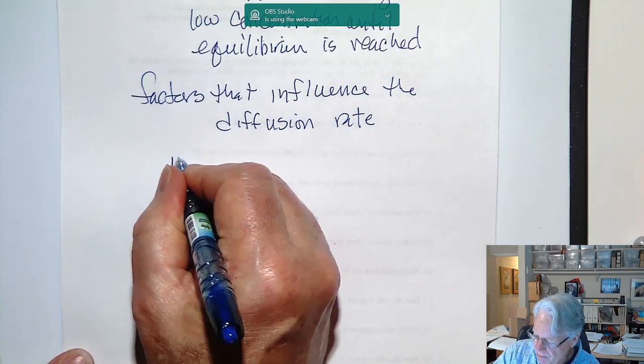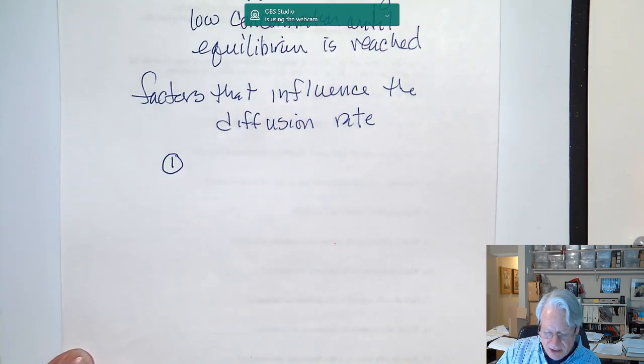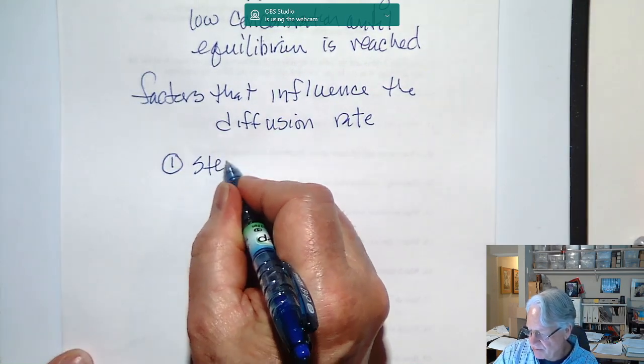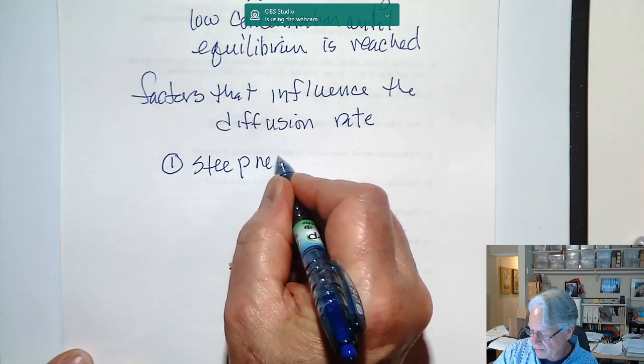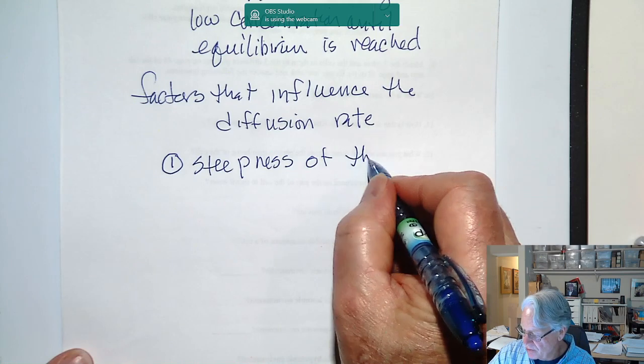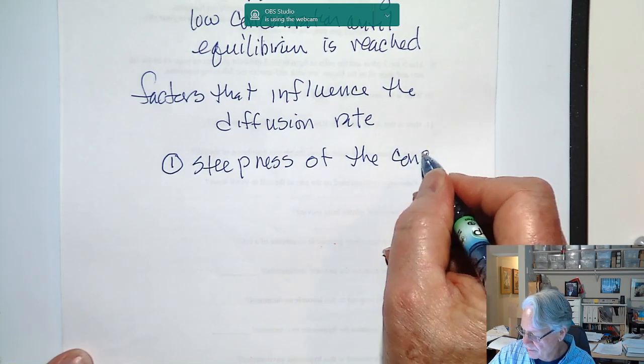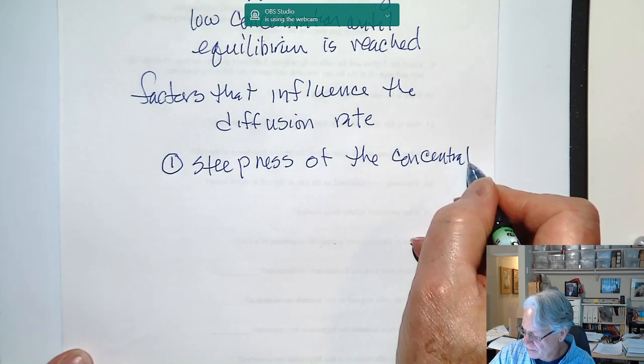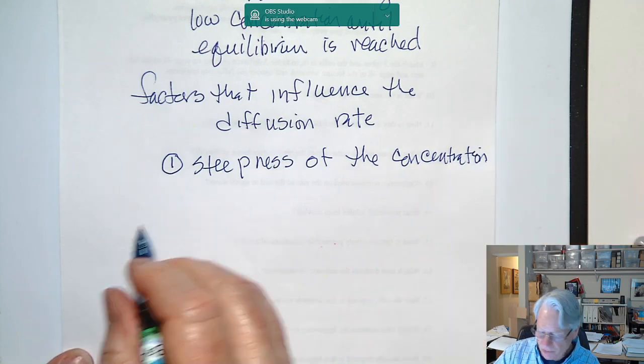So the first one is the steepness of the concentration gradient.